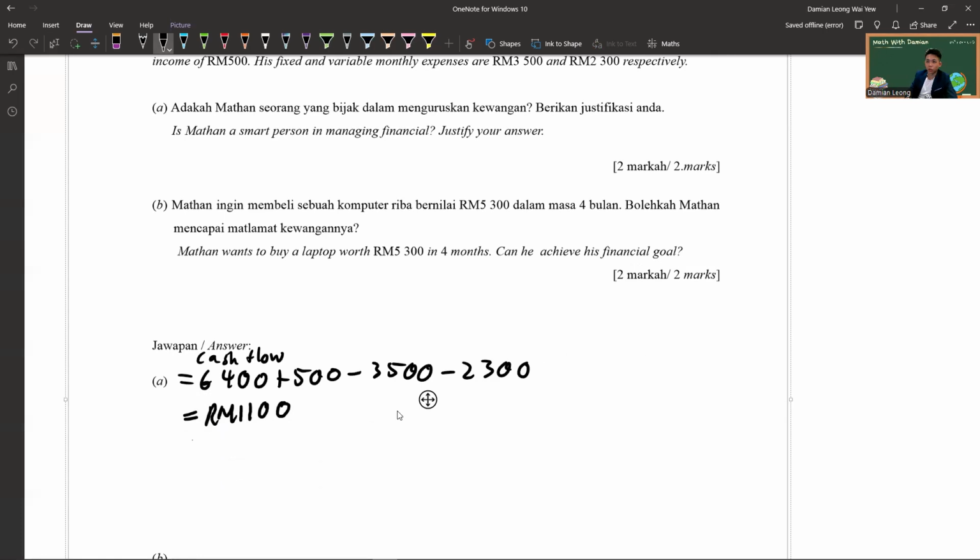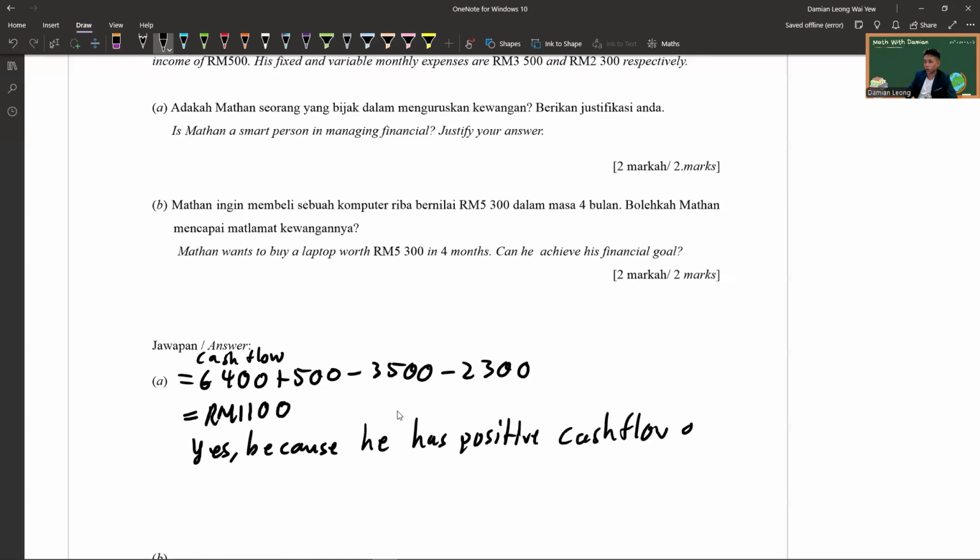Okay, so yes, because he has positive cash flow of 1,100, which he can save or use for emergencies.